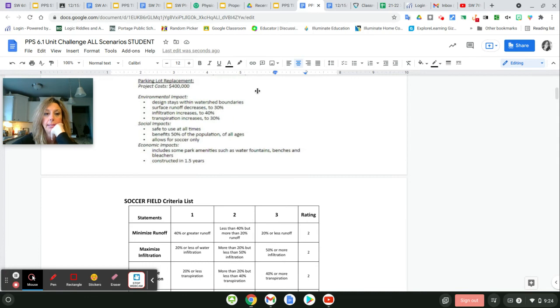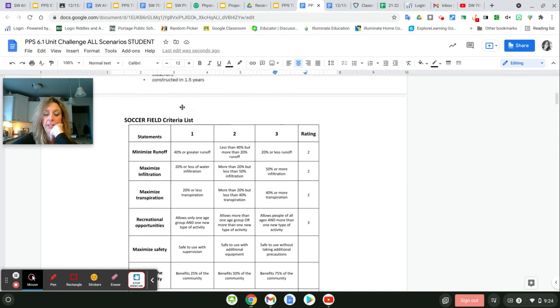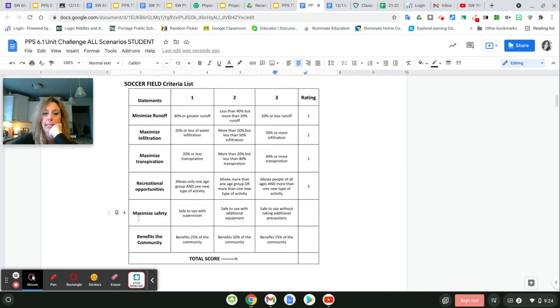Okay. All right. Let's finish out our criteria. Maximize safety. We did that one, right? Isn't that one a 3? Okay. I think I skipped recreational opportunities. So let's go back. Allows only one age group and one new type of activity.